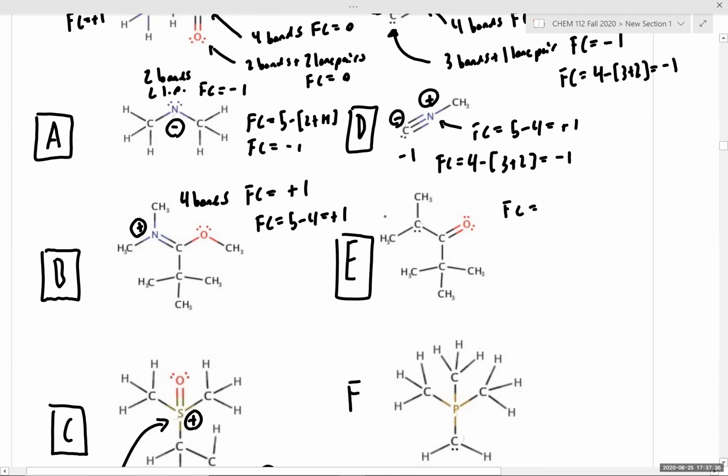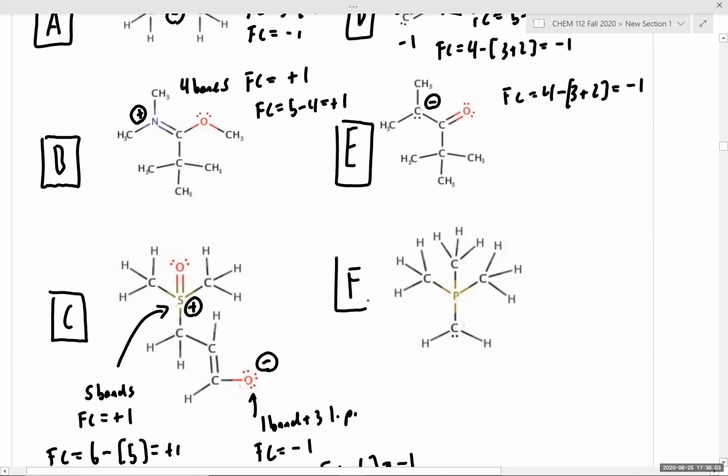It has a formal charge of -1. Why? Well, we take our group number minus our number of bonds plus our number of lone pairs. That gives us a formal charge of -1. This carbon-centered anion is specifically known as an enolate, and you'll see a lot of enolate chemistry in organic chemistry too.